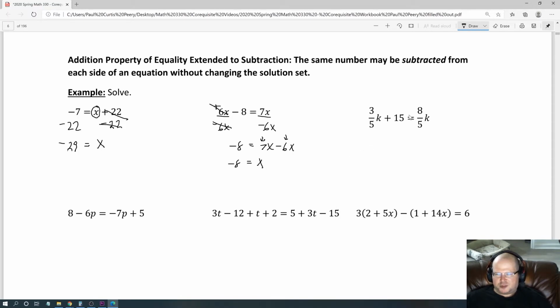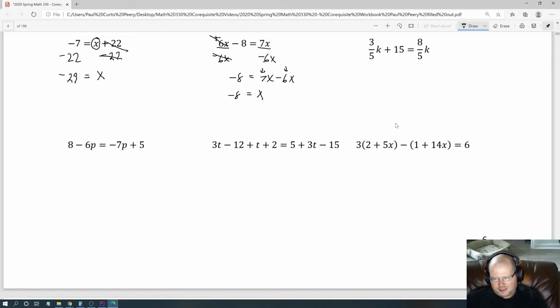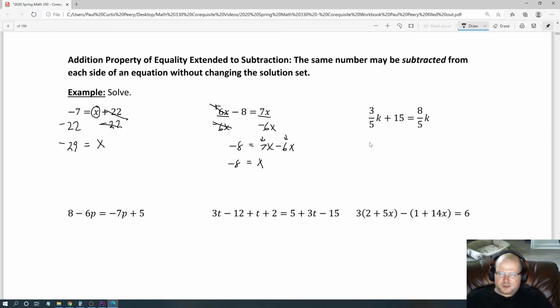Let's try the next one. We have a little bit more involved here because we are dealing with fractions, but it's still the same kind of concept. So in this case, we are going to say 3/5 k plus 15 equals 8/5 k. Well, we still want to get all the k's on one side, so I am going to subtract 3/5 k from each side. So minus 3/5 k, minus 3/5 k.